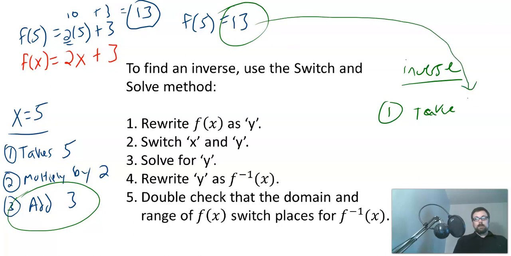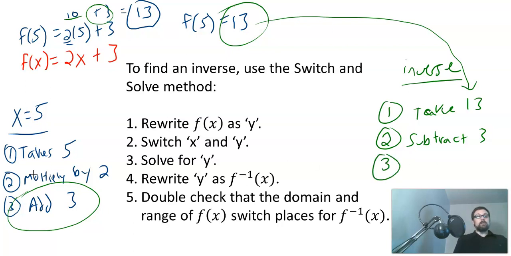To reverse everything that happened, the last thing that happened was the adding of 3. So to reverse that, we will have to subtract 3. And that gets us back to 10. And then to undo the multiplying by 2, we will divide by 2.